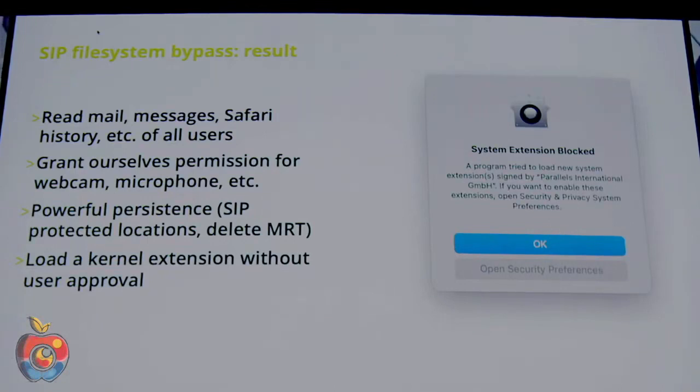So that's not yet kernel code execution because you still need an Apple kernel extension certificate to sign those. But if you would, for example, find a vulnerability in any kernel extension, then you would be able to load that, exploit the vulnerability, and then execute code, or get a certificate from somewhere, maybe.